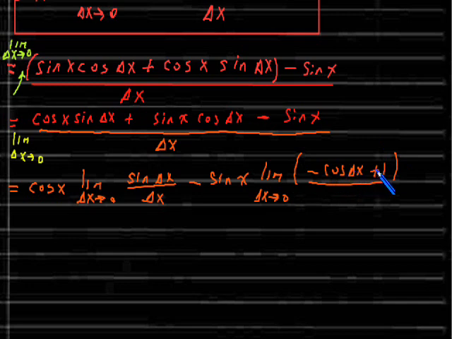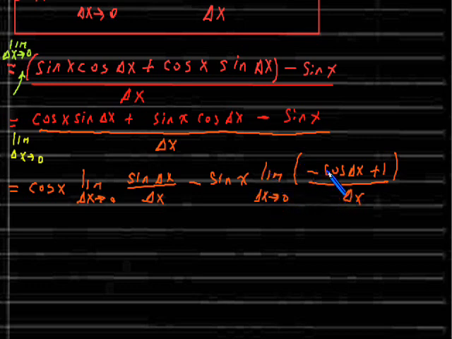Really, if you analyze the situation here, all I did was rewrite this in this fashion. Of course, this thing over here is nothing but 1 minus cosine delta x over delta x, the limit of this as delta x approaches 0.